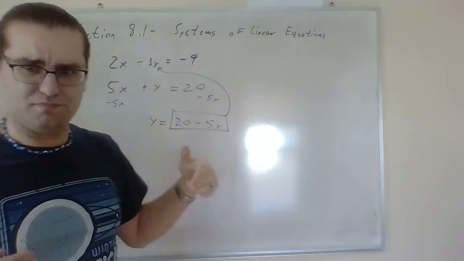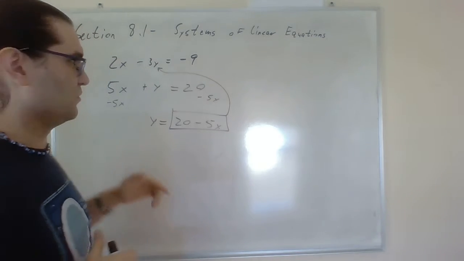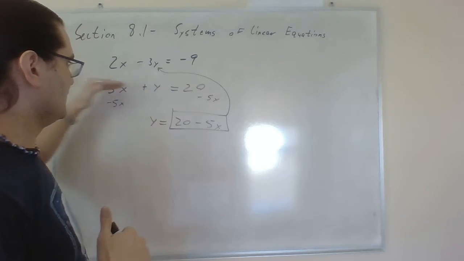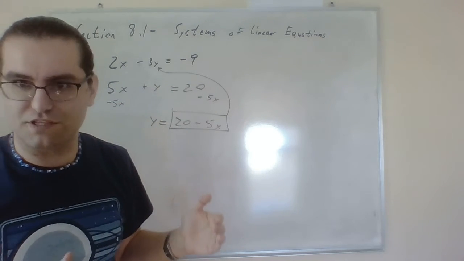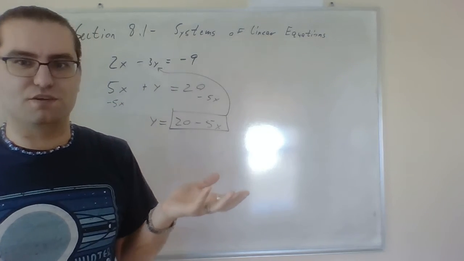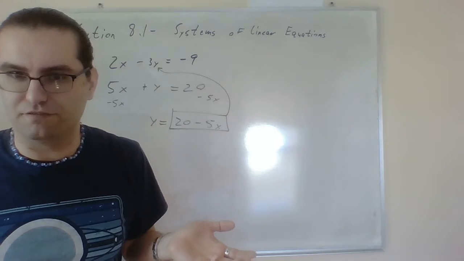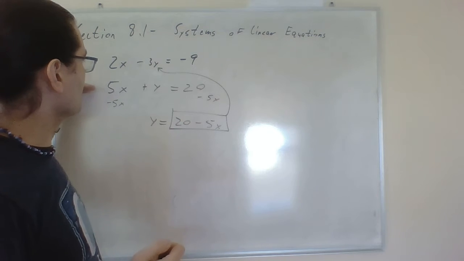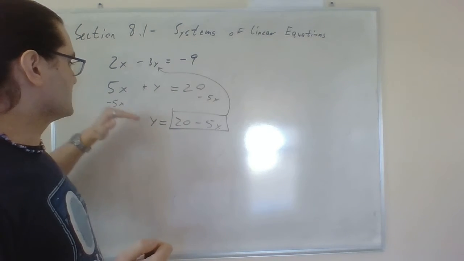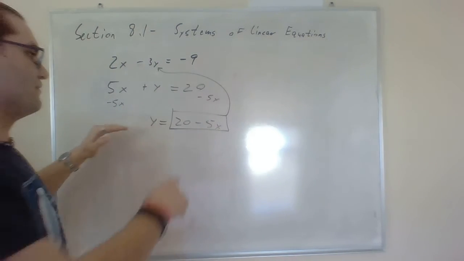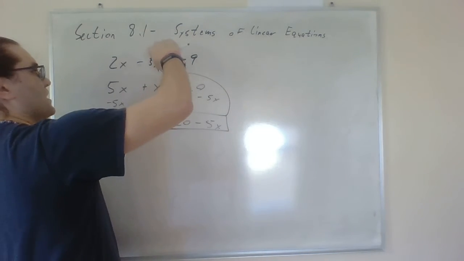That will create this weird loop where once you simplify things here, you're going to get like 0 equals 0 or like 20 equals 20. And you'll be like, yes, I knew that. That's not helpful. So whatever equation you use to isolate a variable, you have to plug that variable into the other equation.